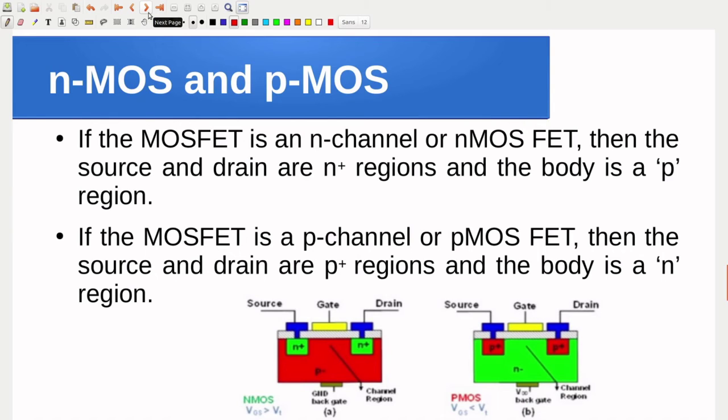Now, how NMOS and PMOS MOSFETs are formed? You might have already realized what is happening. In case of NMOS, we are having a p-type substrate.